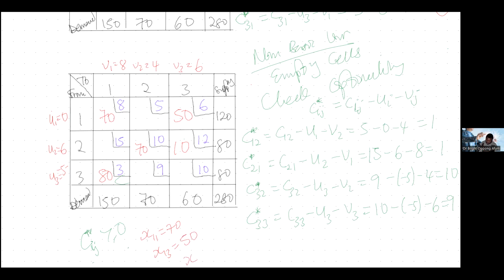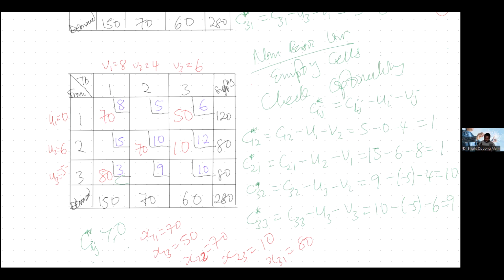X22 is 70, meaning that 70 should be transported from source 2 to destination 2. X23 is 10, and X31 is 80. So this is the modified distribution.